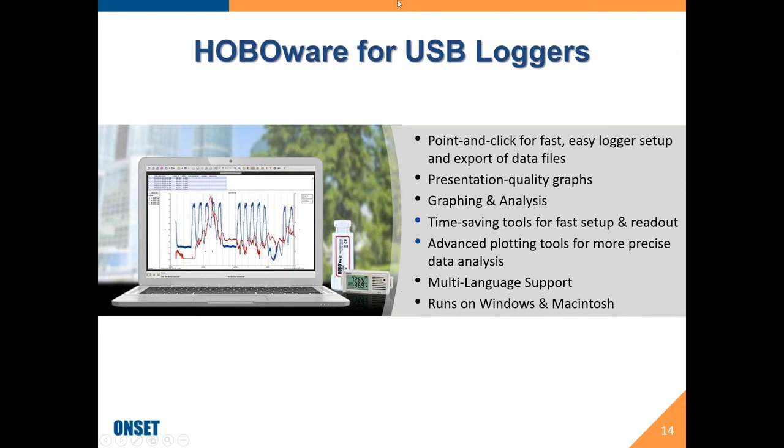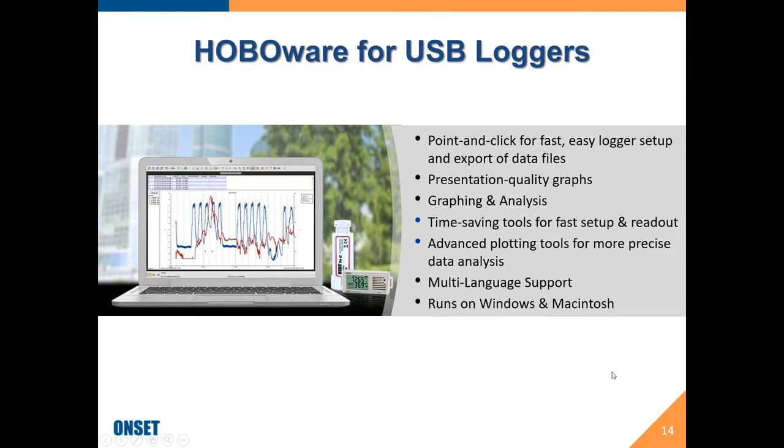HOBOware is our premier software. HOBOware Pro is our premier software, and it's used for the USB data loggers. You can also use it for any of our logging devices with the proper downloads, and then HOBOware will convert those files to any kind of spreadsheet, CSV file, whatever.